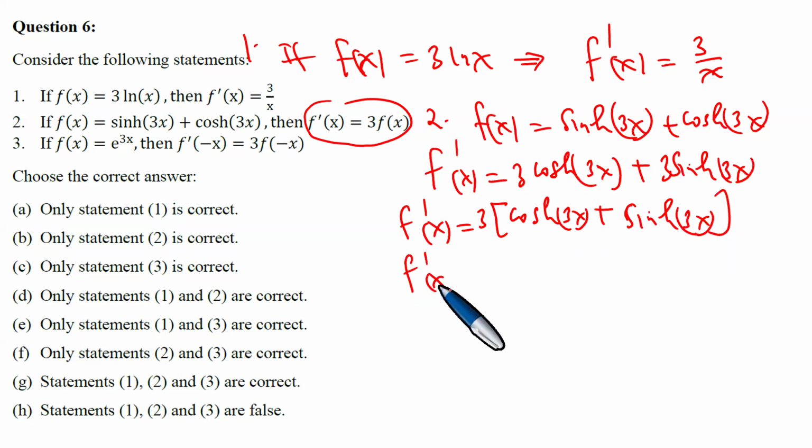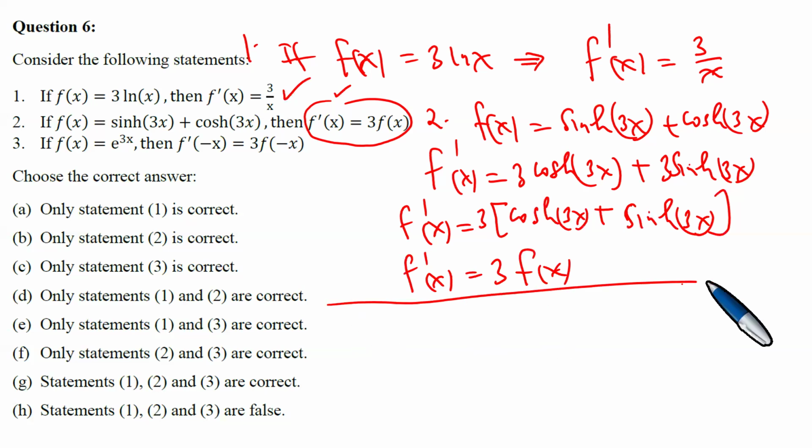And what is actually the f primed? So, if you have the hyperbolic sine of 3x plus the cosh of 3x, it is actually f of x. So f primed is indeed f of x. So that means that these first two are indeed correct.